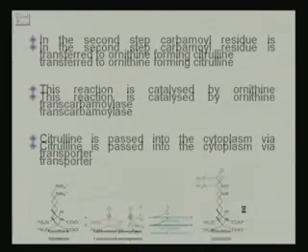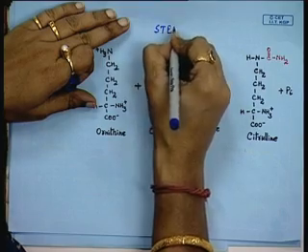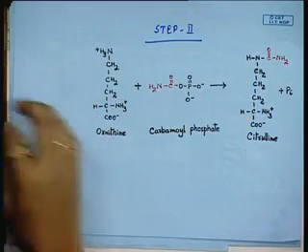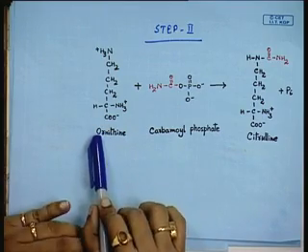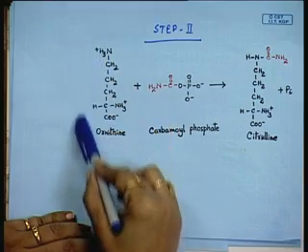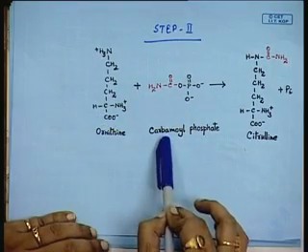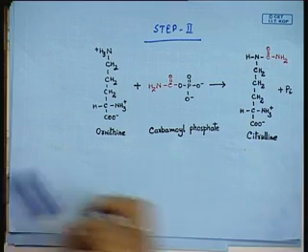Now, when carbamyl phosphate production is over, this is the second step. In this step 2, what is happening? This carbamyl phosphate is reacting with ornithine. See, this is the ornithine which is there in mitochondria, coming in contact with this carbamyl phosphate, and producing citrulline.